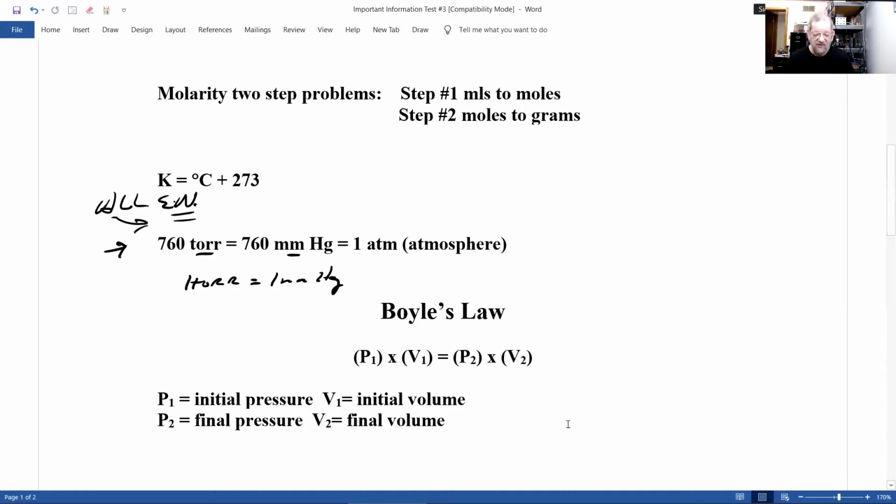Remember, test number 3, like 2 and 1, underneath where it says you print your name and sign it, it will say, please use proper significant figures for all calculated answers. And time for a commercial from Dr. White, me. Test number 3, show your work.